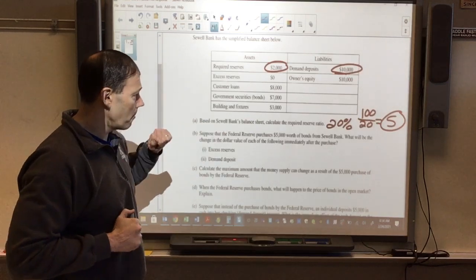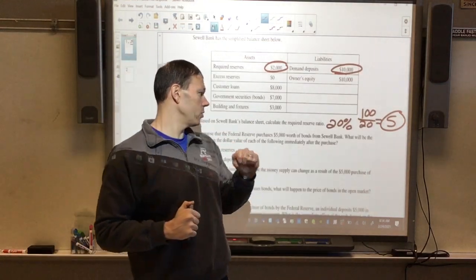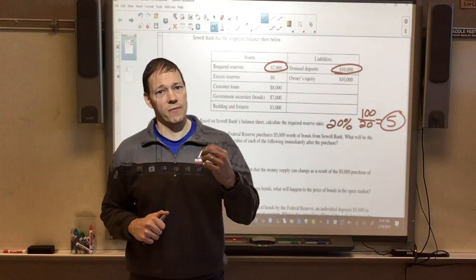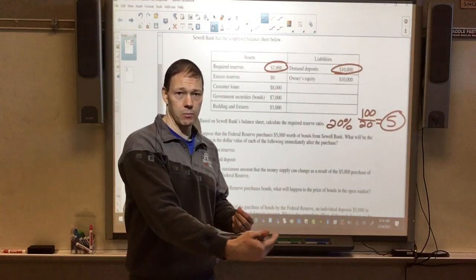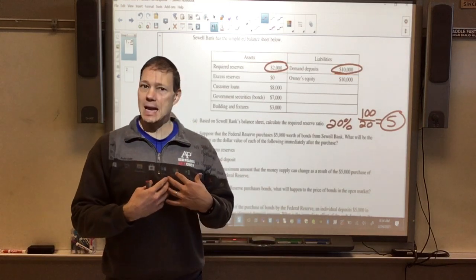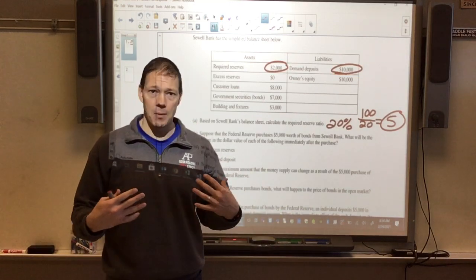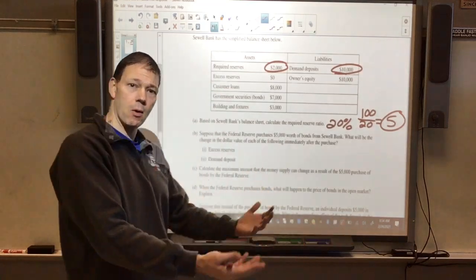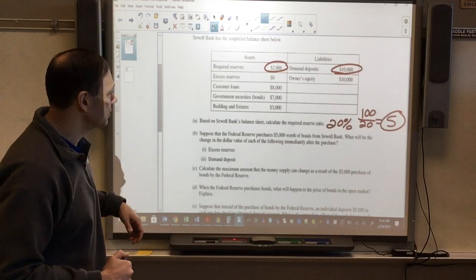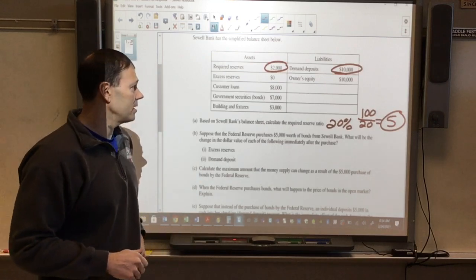So the Fed here purchases $5,000 worth of bonds from the bank. Now remember, when the Fed purchases or buys, they're giving money. When the Fed has money, it's not in the economy, not in M1, and can't be spent. When the Fed buys, they're giving money, so now money is being added to the economy. So how's that going to affect excess reserves?